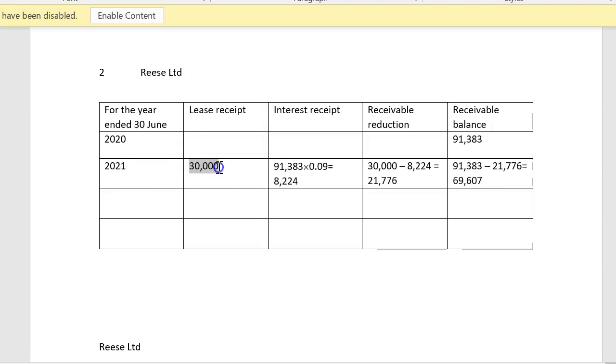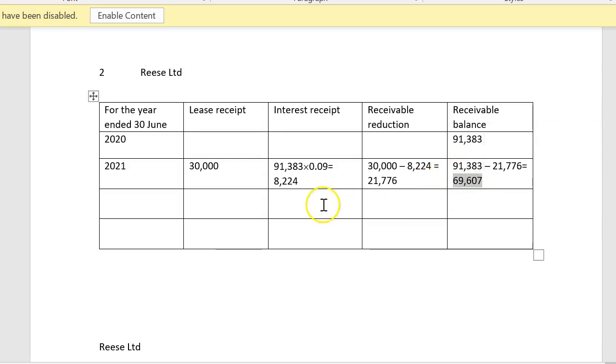Lessor Reese Limited receives 30,000, which consists of interest component. Now keep in mind the interest receipt is calculated by using the receivable balance, 91,383 multiplied by 0.09. That's what you get. And the receivable reduction is 30,000 minus 8,224. This is what you have. And the receivable balance is 91,383 minus 21,776.